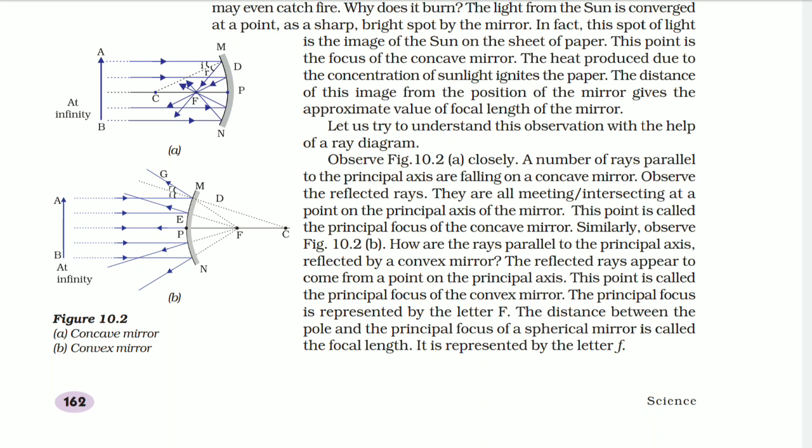If you observe figure B, the rays parallel to the principal axis are reflected by the convex mirror, but here the reflected rays appear to come from a point on the principal axis. This point is called the principal focus of the convex mirror. The principal focus is represented by the letter F. The distance between the pole and the principal focus of the spherical mirror is called the focal length, and it is represented by the small letter f.